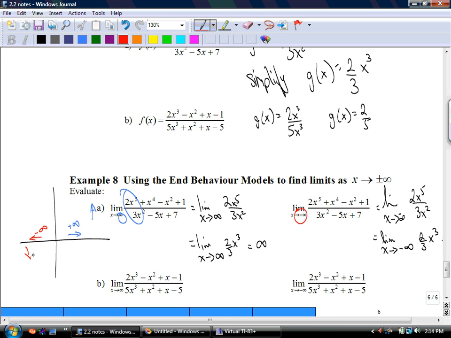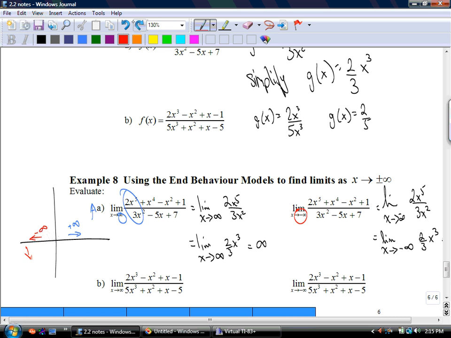So what we actually know is the graph's going to do some really funky things in the middle, but eventually it's got to go and drop off the table on the left-hand side. We have no idea what it's doing in the middle, but we know as we go out to the right, it's got to climb up, and as we go out to the left, it's got to fall off the table. Okay? Yeah, I know, nice sound effects.